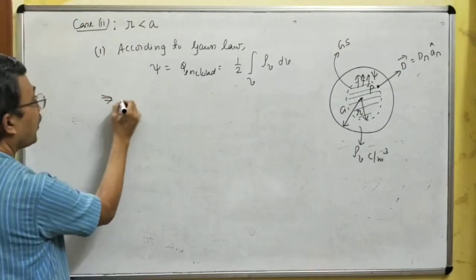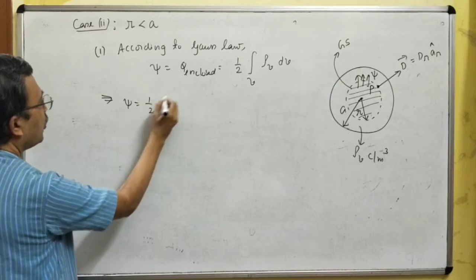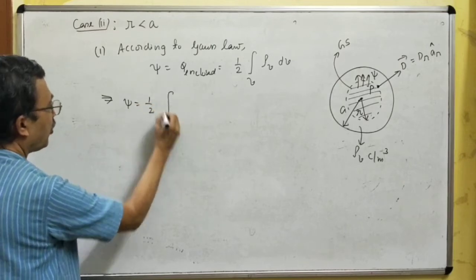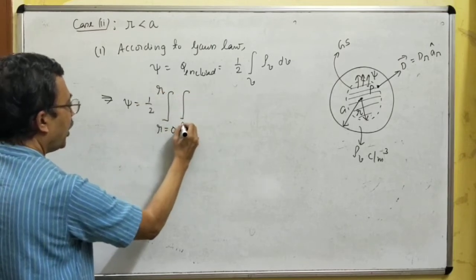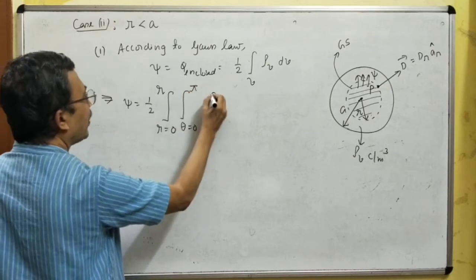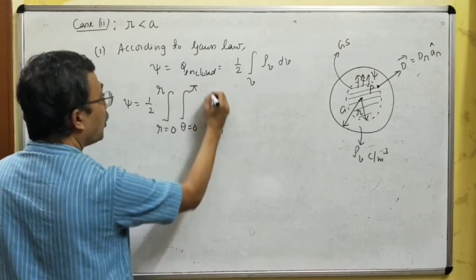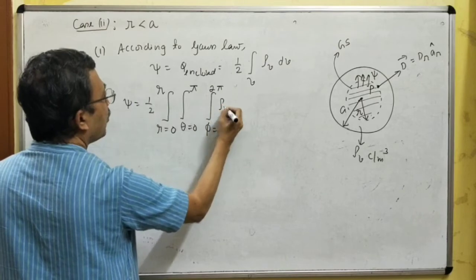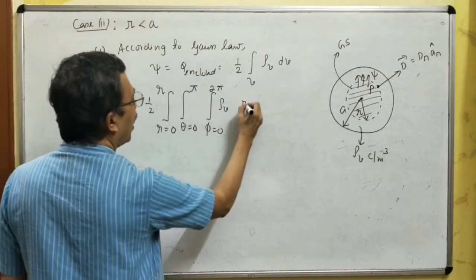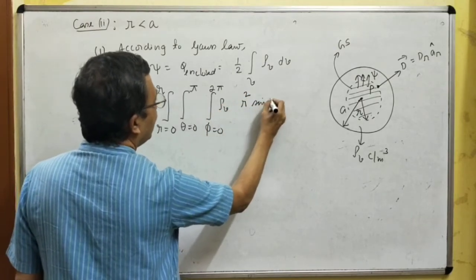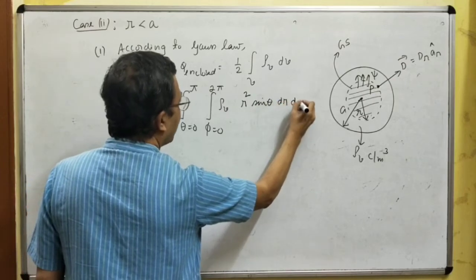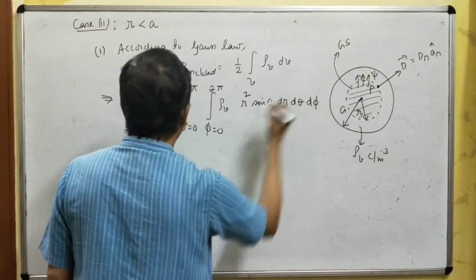Theta varies from 0 to pi, phi varies from 0 to 2 pi. What is dv? dv is r square sine theta dr d theta d phi.